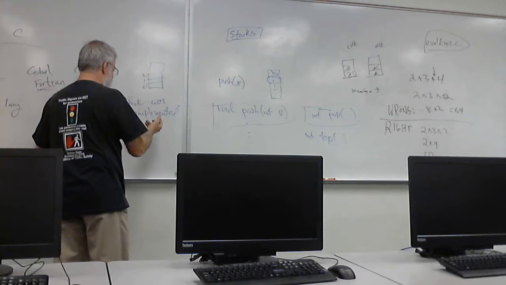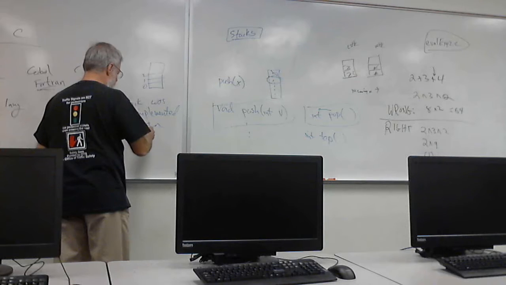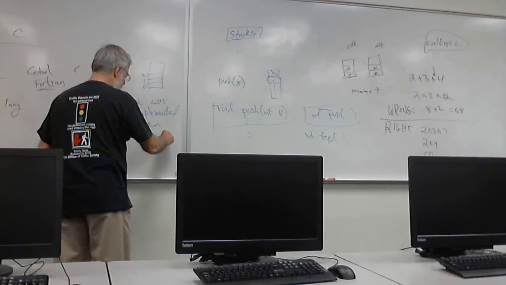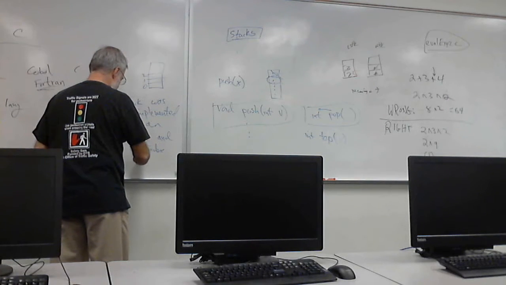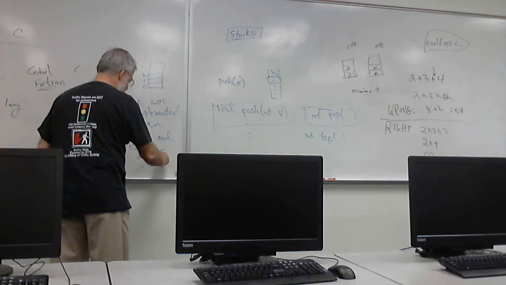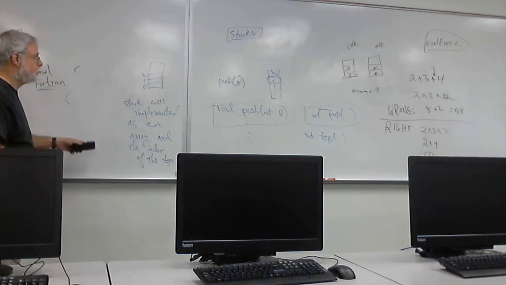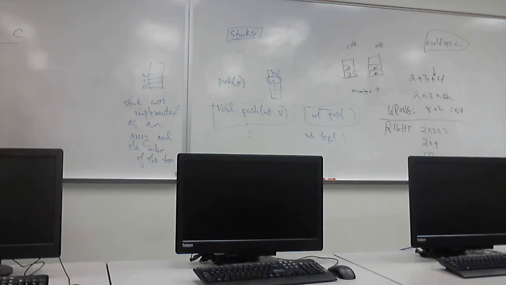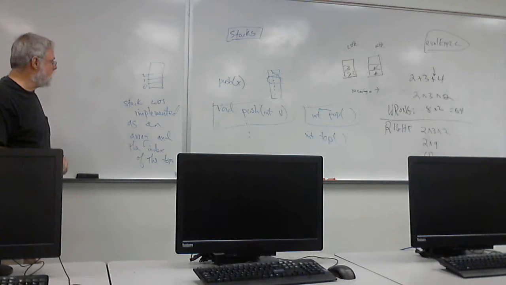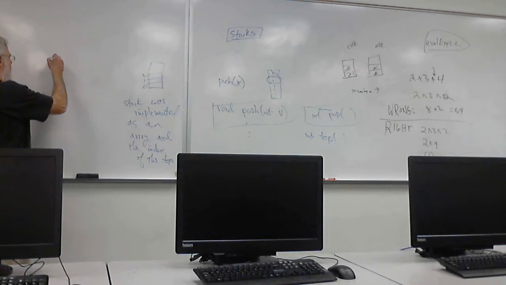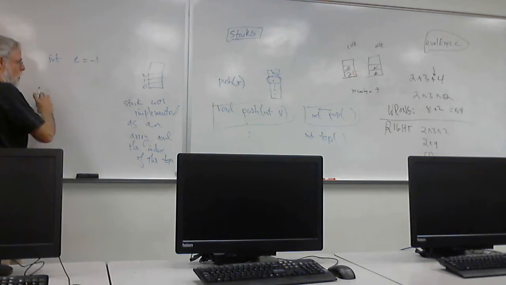We really had two things, an array and an index of the top. Let's say we had an index t, int t, to begin with, it's -1, which means the stack is empty.